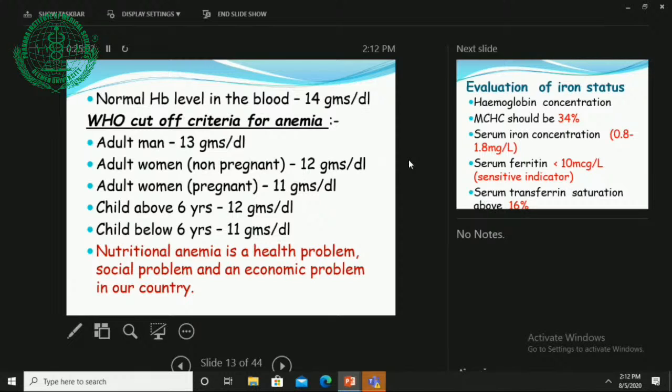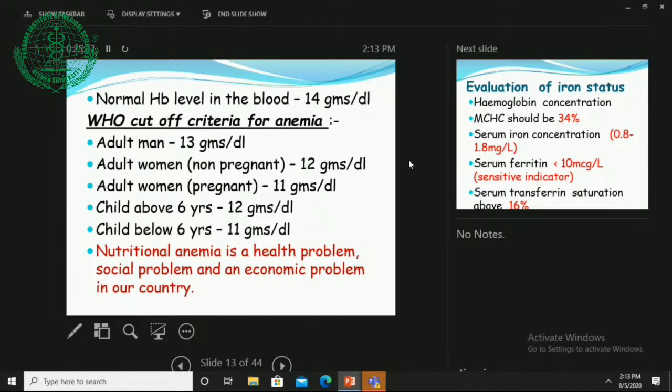WHO cutoff criteria for anemia: an adult male is considered anemic if his hemoglobin level is less than 13 grams per deciliter. For an adult non-pregnant woman, the cutoff value is 12 grams per deciliter. So for non-pregnant women it is 12 grams.